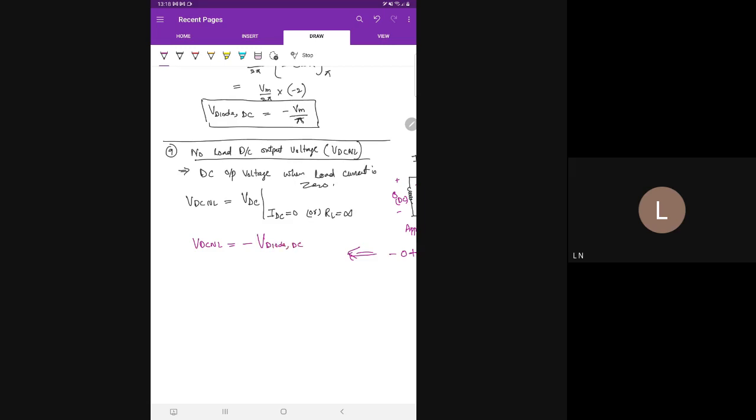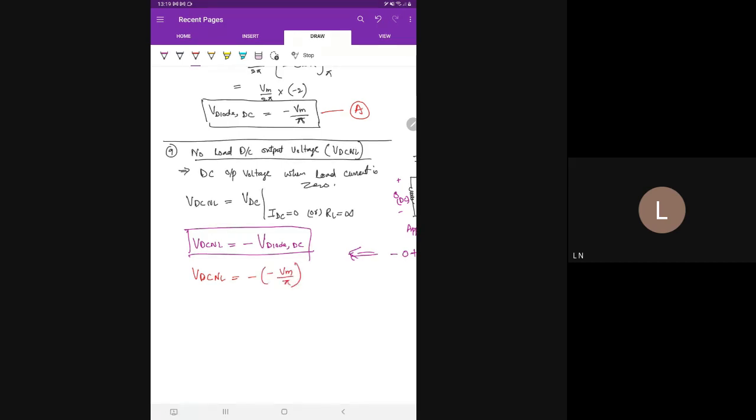We know V diode DC from equation A above, which is minus Vm by pi.